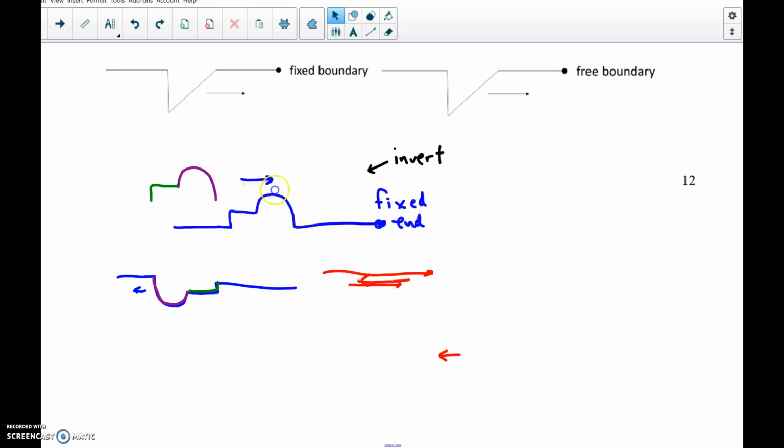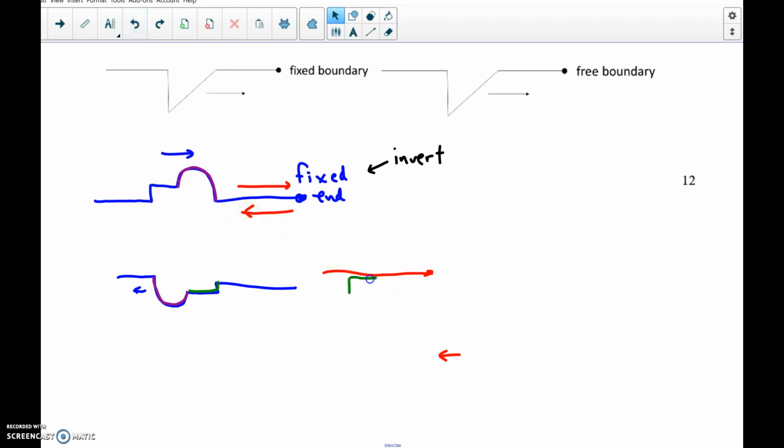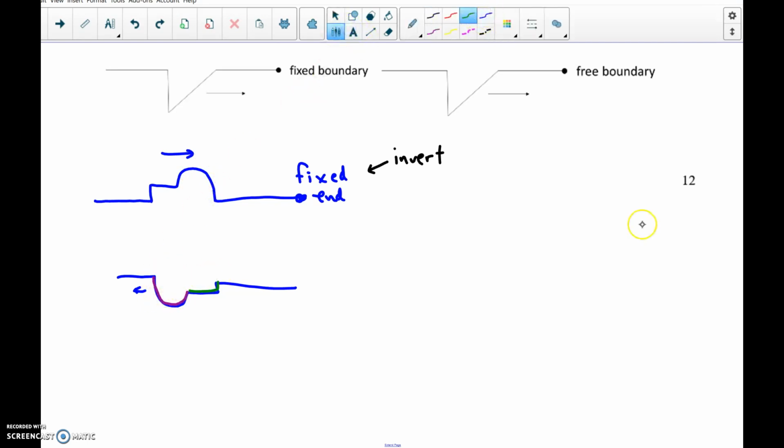The important thing is, whichever part is out front stays out front. Like if this purple part is out front leading the way, it will still be leading the way when it reflects. And if you hit a free boundary instead, like this, let's say, here it is moving across, and then this is now not fixed, but maybe there's a pole here, and this string can slide up and down the pole via the loop.